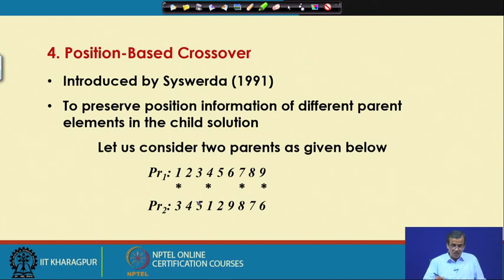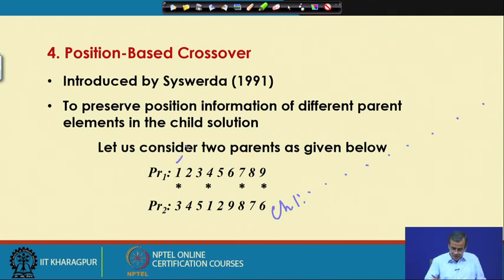Now, let us see how to find out child 1 and child 2. For child 1, first I locate positions 1, 2, 3, 4, 5, 6, 7, 8, 9. Then you concentrate on parent 1. To get child 1, the star positions of parent 1 should be copied first.